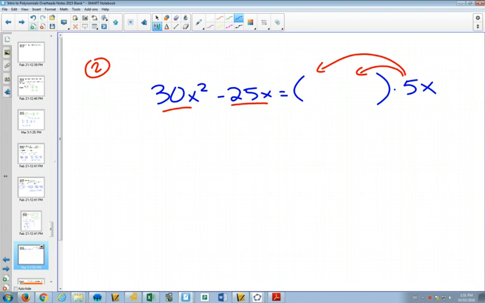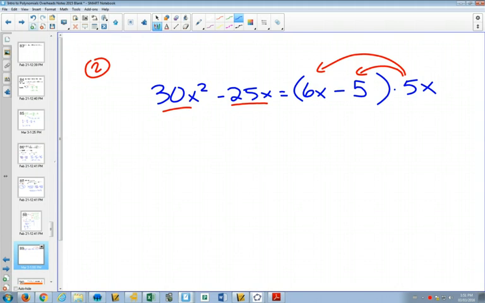It's going to be negative. We know it's going to be negative because we have a negative sign here. And then 5x times something is going to equal 30x squared. It's got to be 6 and x. Good. And 5x times something has to be negative 25. And so we get the same answer that we got when we divided. You like that way?